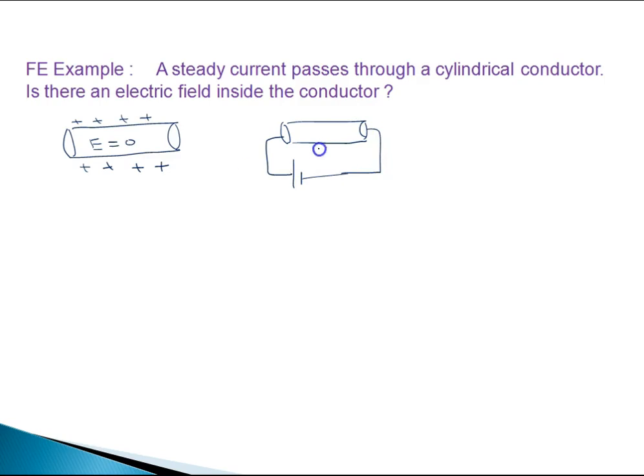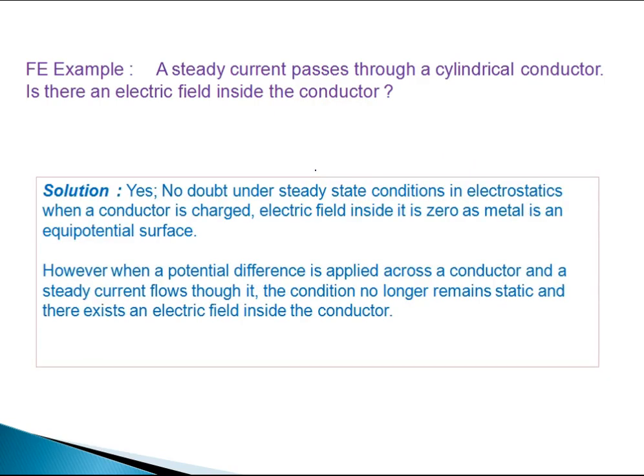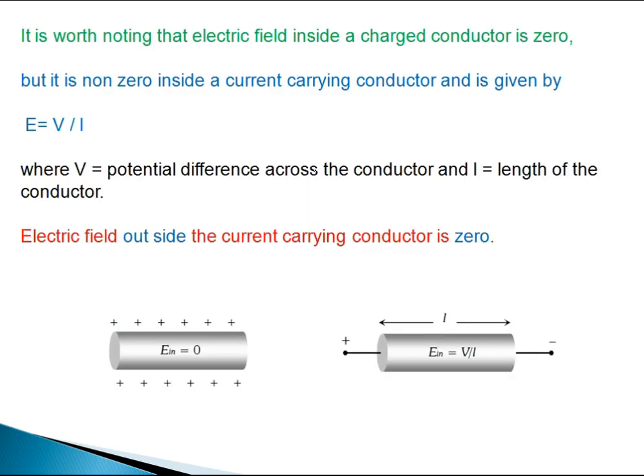No. Here electrons get the drift speed, and they get the drift speed due to the acceleration, and in this situation we will use the formula E equal to V by L. V is the potential difference, L is the length of the conductor. In this situation, outside the conductor, electric field is taken as 0.